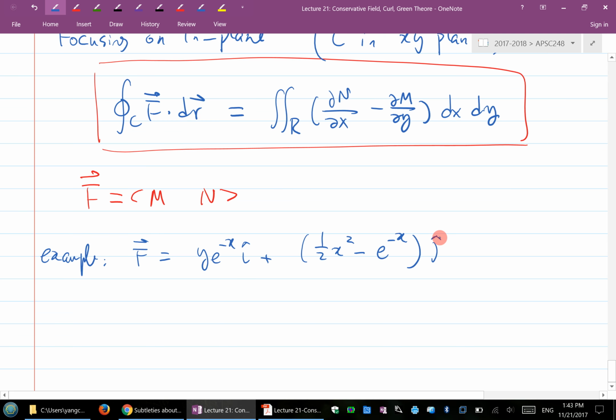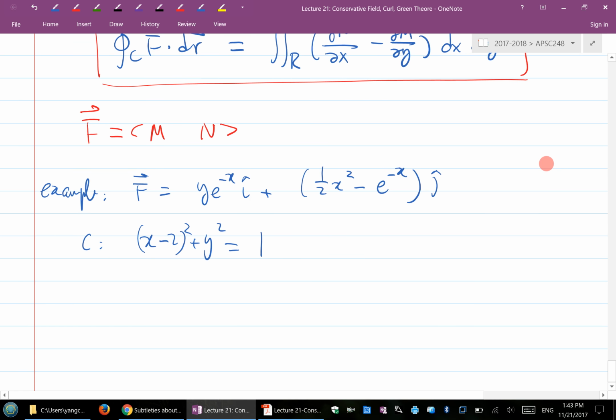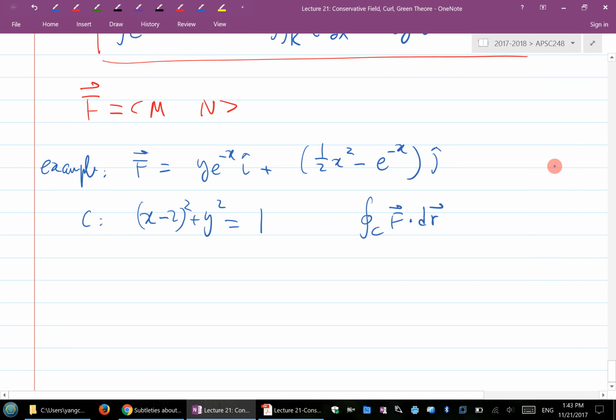Here's your vector field, and C is (x minus 2) squared plus y squared equals 1. Okay, so here's your C, and we want to evaluate this vector line integral.